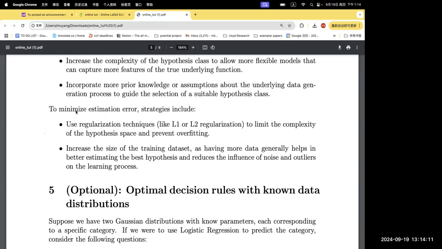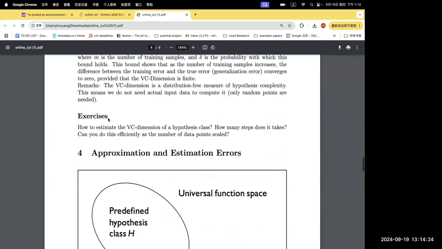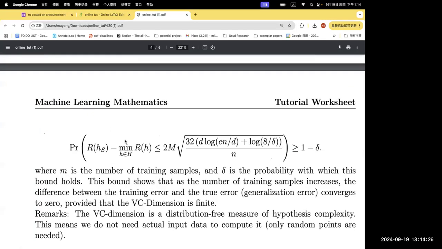As for minimizing the estimation error, one thing we should highlight here is that the estimation error is actually what we want to quantify in the PAC learning framework. Let's recall the PAC learning framework, where we are essentially bounding the estimation error of hypotheses in the predefined hypothesis class.